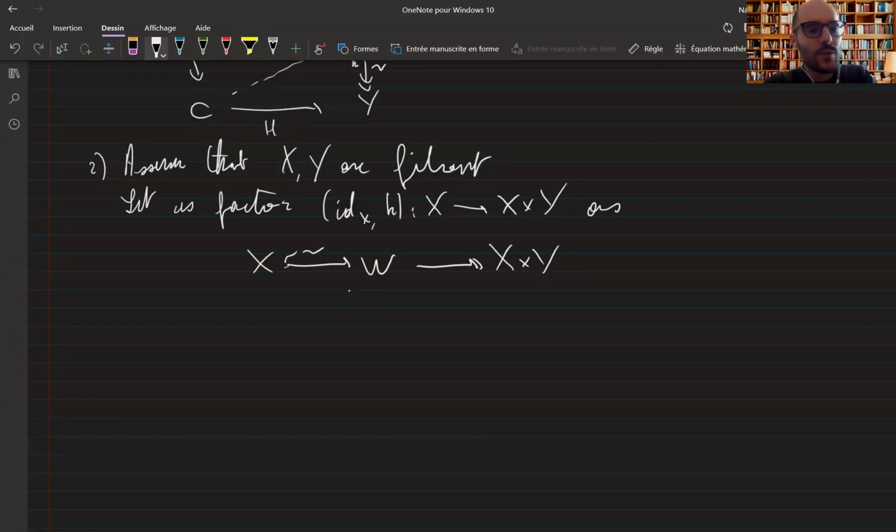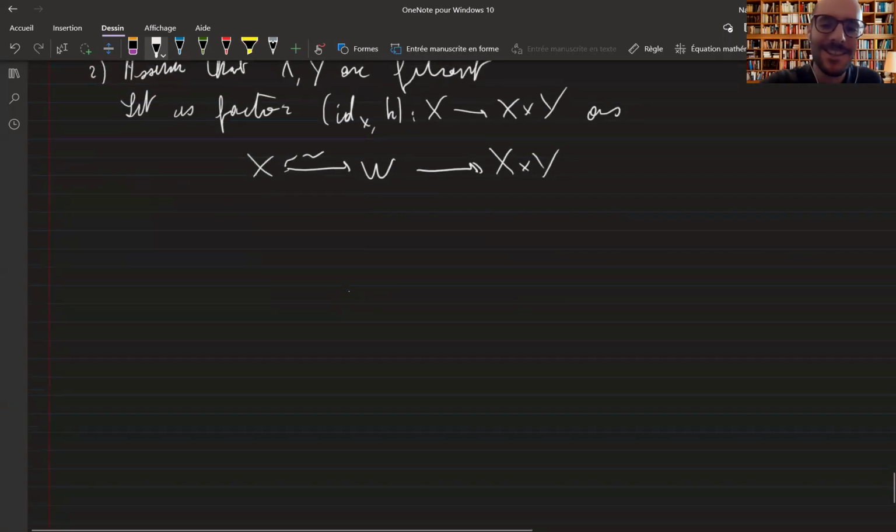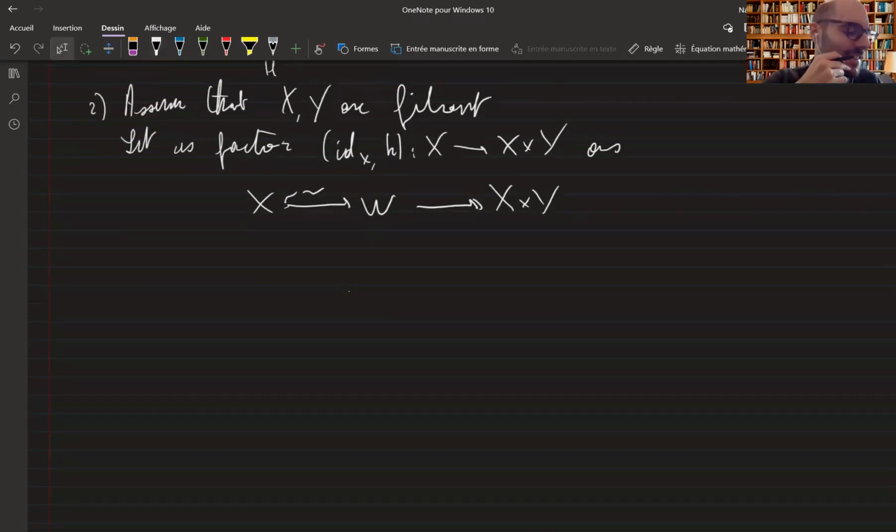Honestly, this proof, once you understand it, is not really magic, but to be able to guess it, I don't know. Kenneth Brown did it, and now everyone knows how to do it, but it's not easy. So we have this factorization of the identity and h.